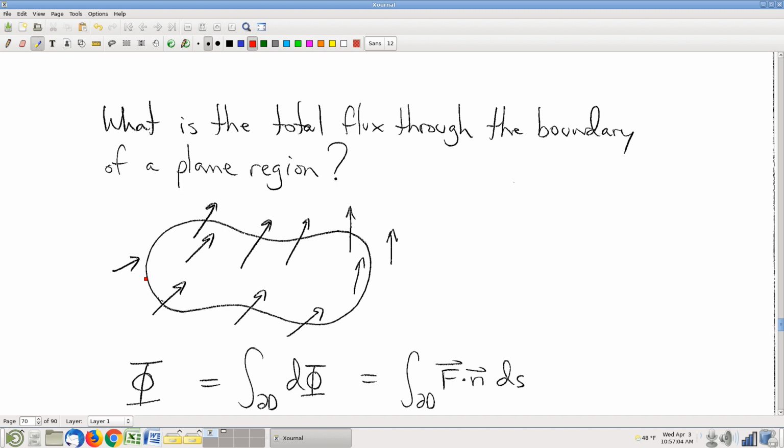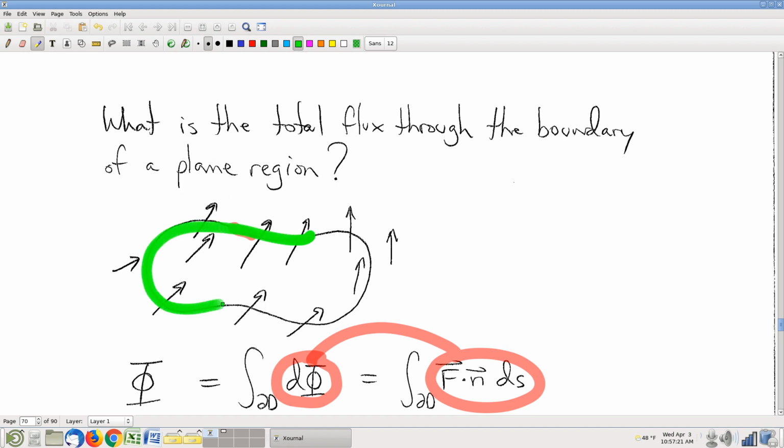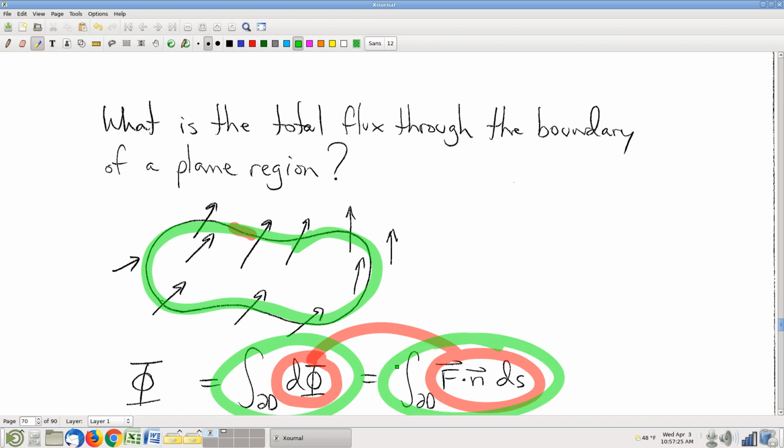So, adding up over all these little pieces, over each little piece I can talk about how much flux: F dot n ds, per the formula on the previous page. And so adding up over the entire boundary curve gives you that integral there.